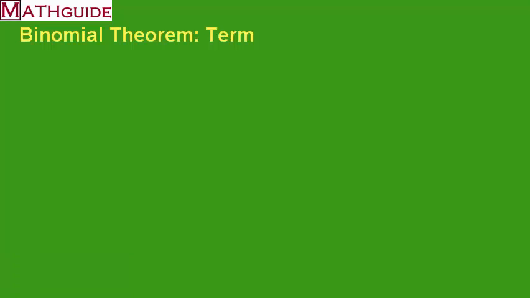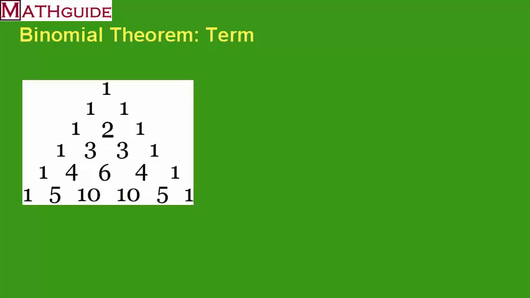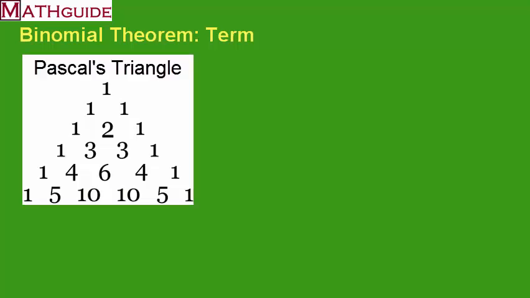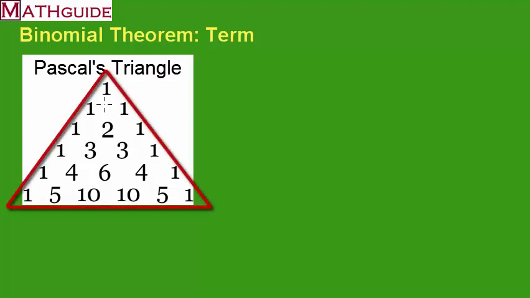First of all, let's look at Pascal's Triangle. Pascal's Triangle does look triangular: you can see the ones here on the left side and ones here on the right side, forming this triangular shape of numbers.